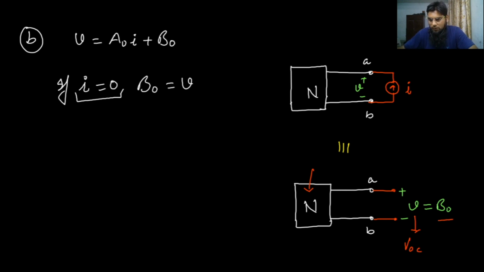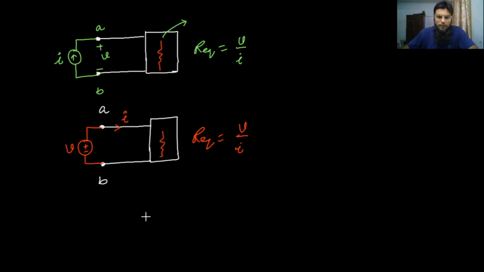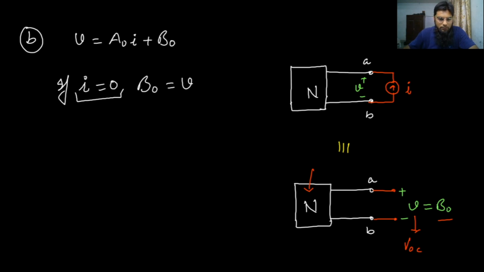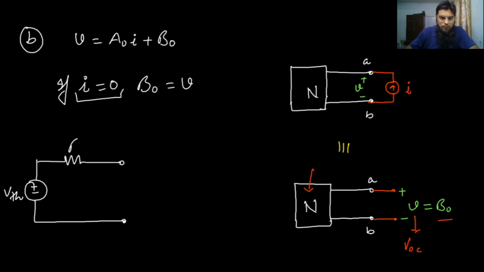So let us draw circuit number 2 here also. This is the Thevenin's equivalent voltage source and Thevenin's equivalent resistance, and we have a current source I here, and the voltage V across the terminal.